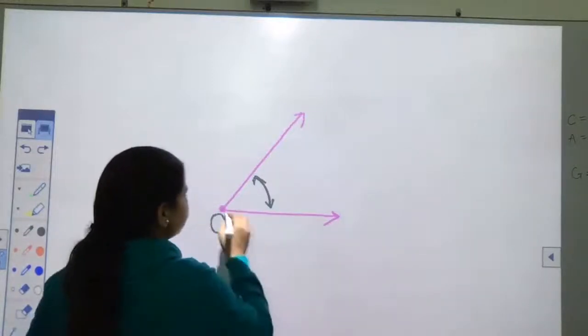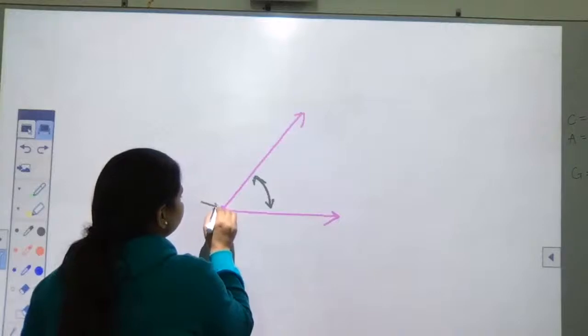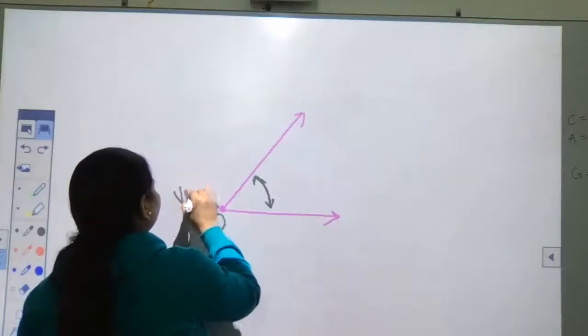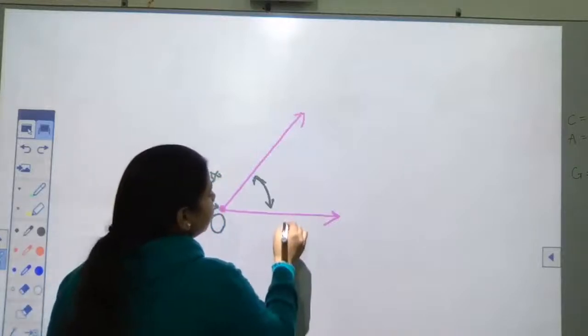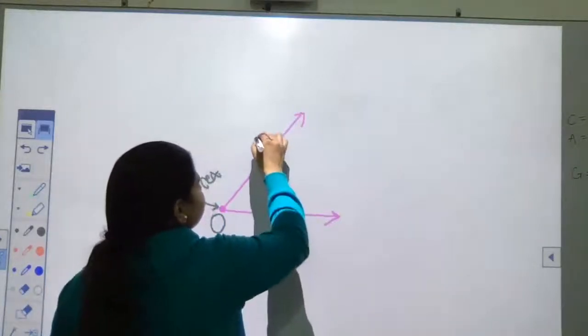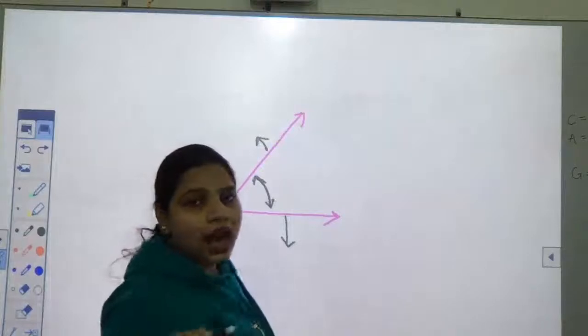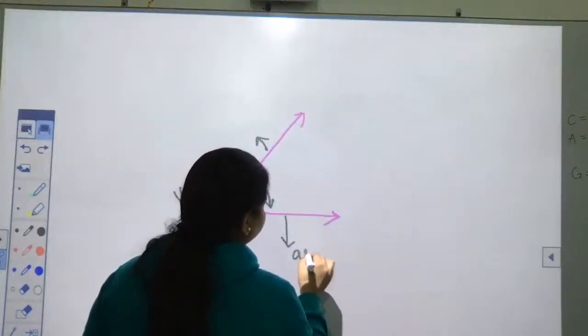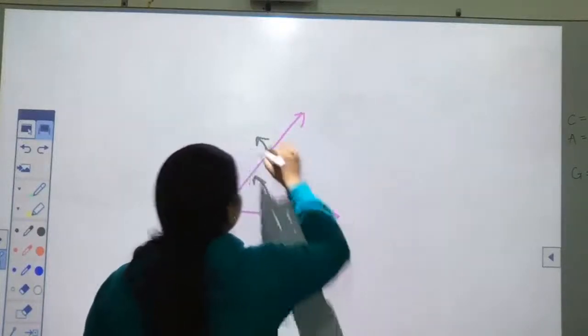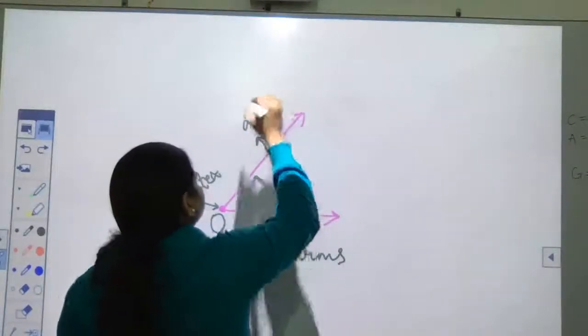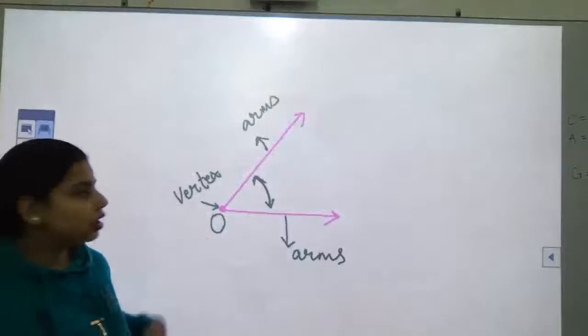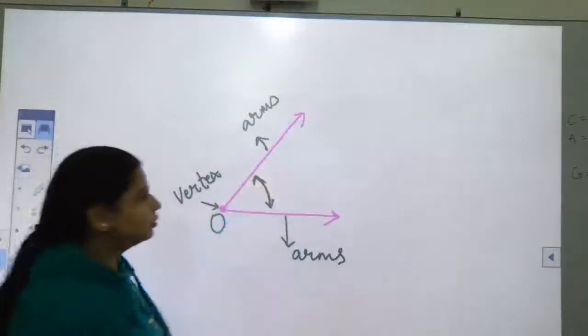Angle has a vertex. This point is the vertex, and these two rays are called arms when they form an angle. So an angle has a turn.